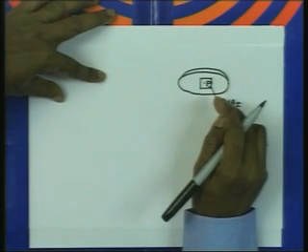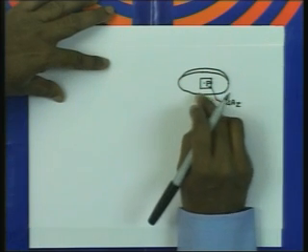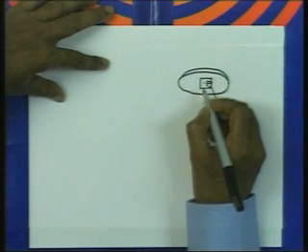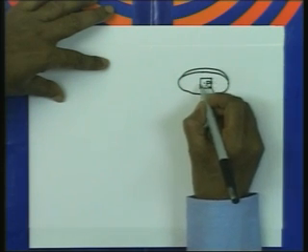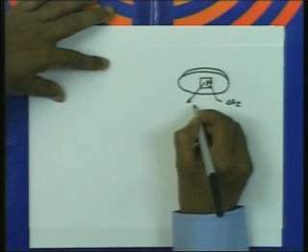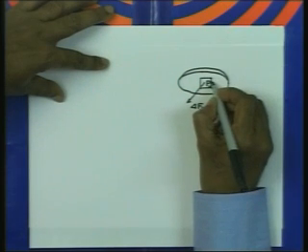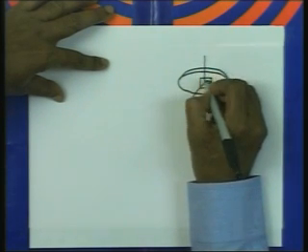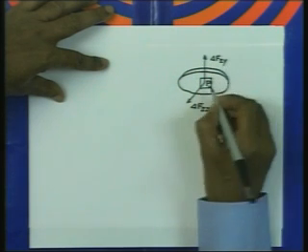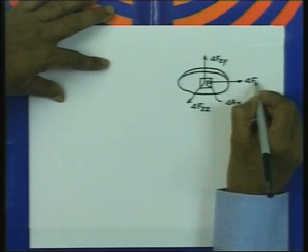Now the force acting on this area will have components in the 3 coordinate directions. We can resolve them into the component parallel to the z axis, delta f zz, the component parallel to the y axis, delta f zy, and the component delta f zx.